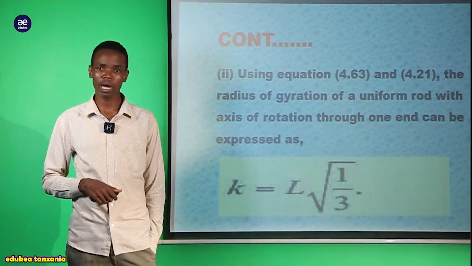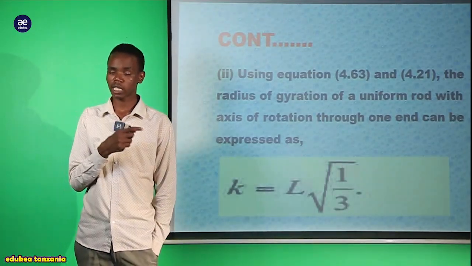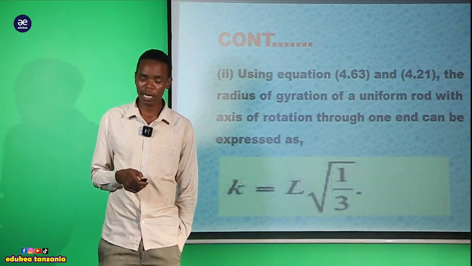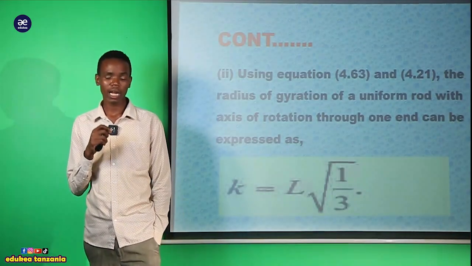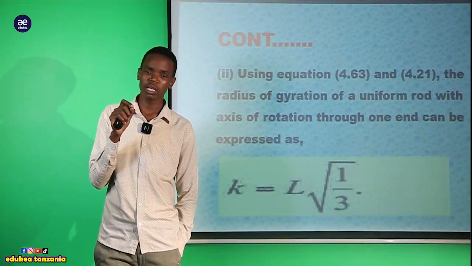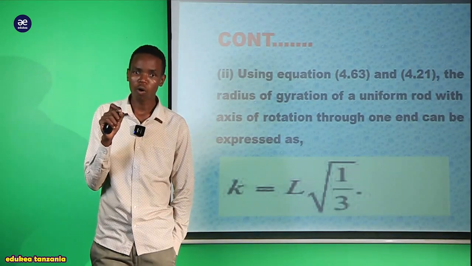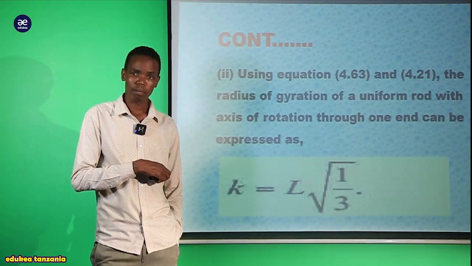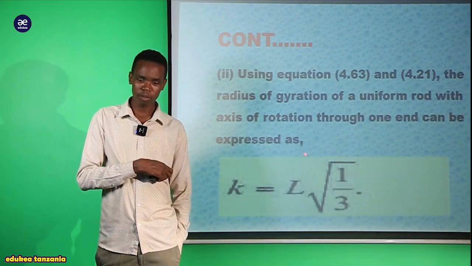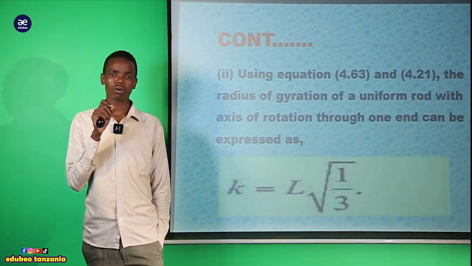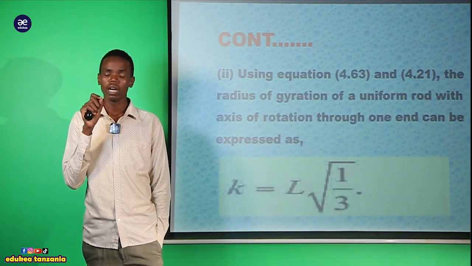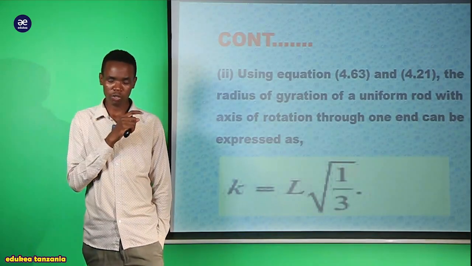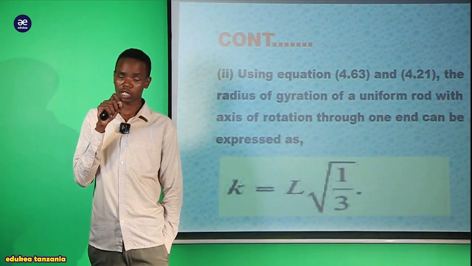When we equate, the mass cancels. Then we remain with the radius of gyration: k square must be equal to 1 over 3 times L square. But we are supposed to remove the square on both sides.